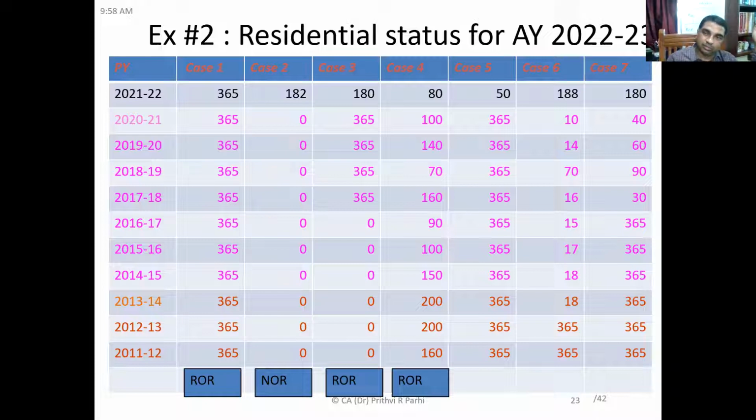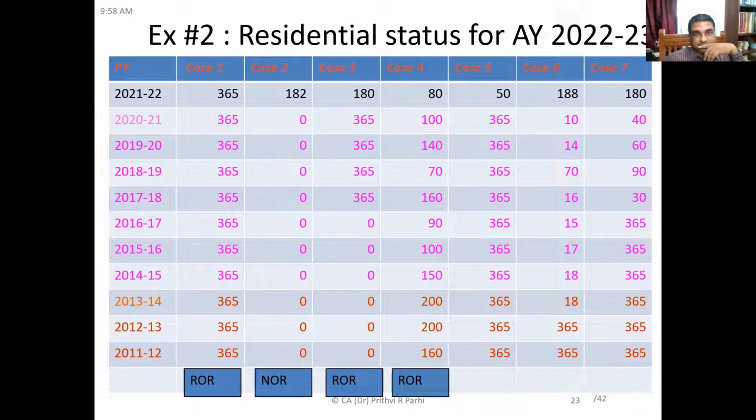But condition 1 and condition 2 are not satisfied here. So your point is that the primary conditions are not satisfied, but the additional conditions are satisfied. Then you tell me what is his residential status?